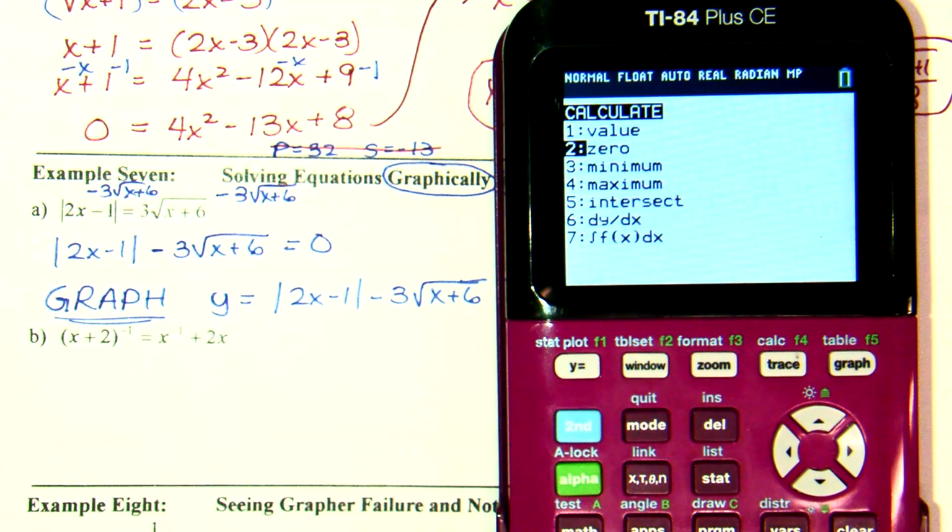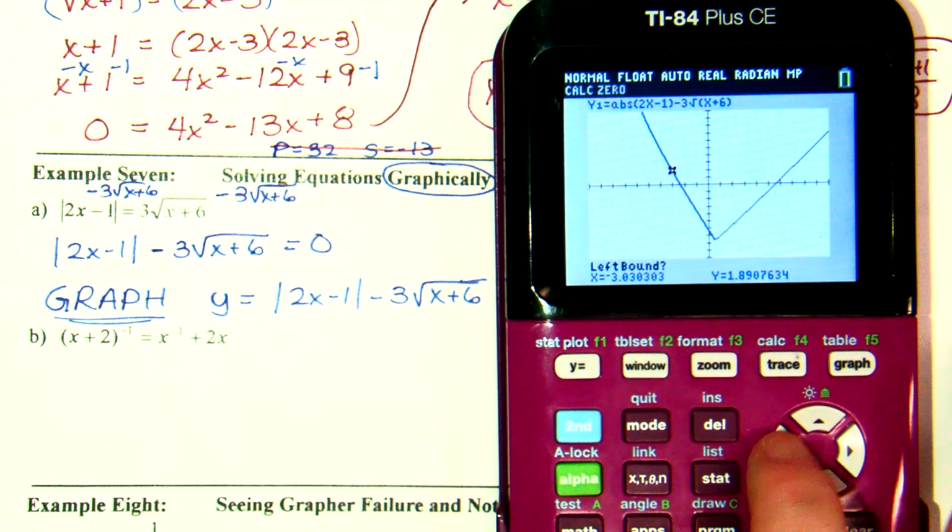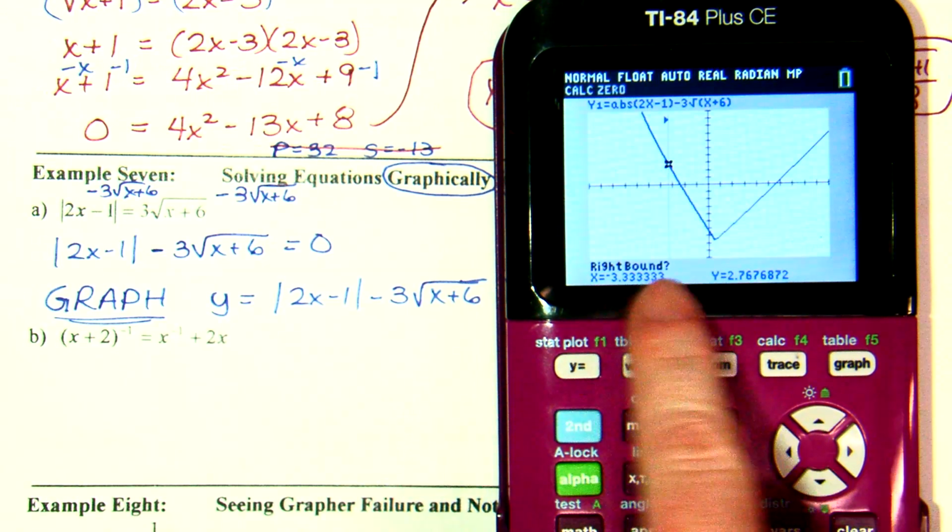Second, and the trace button. I call it the second calc because it's the calc menu, right? And then number 2, you pick your zero. It asks me questions. It walks you through. Please take this opportunity to practice. Make sure you can do this. So left bound. I'm going to go back before my negative 1.